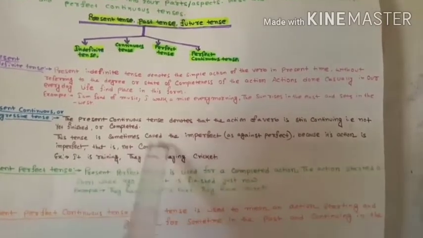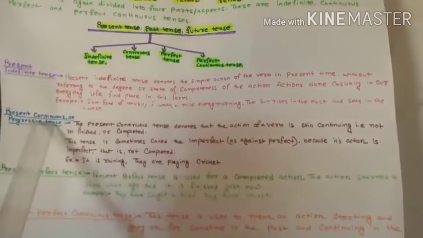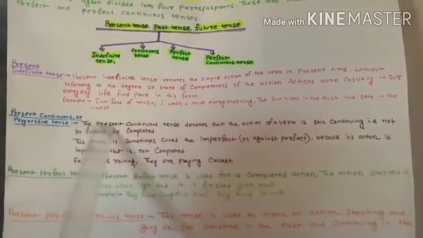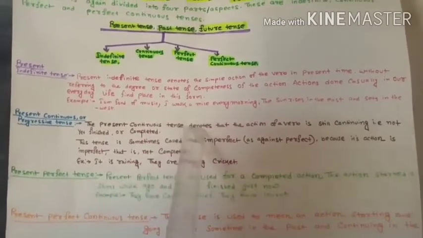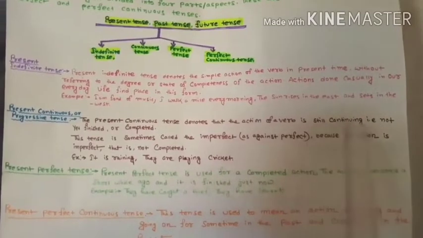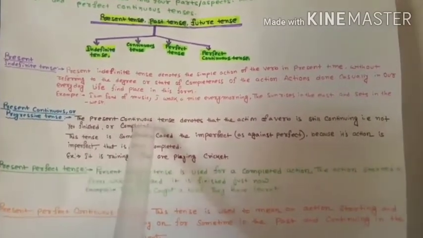So once again, what do we mean by present continuous or present progressive tense? The definition is like this: the present continuous tense denotes that the action of a verb is still continuing, that is not yet finished or completed.